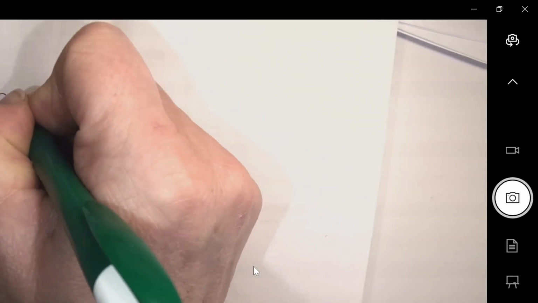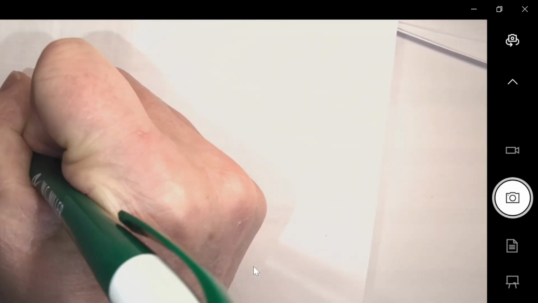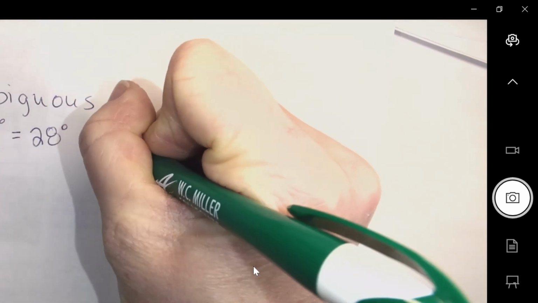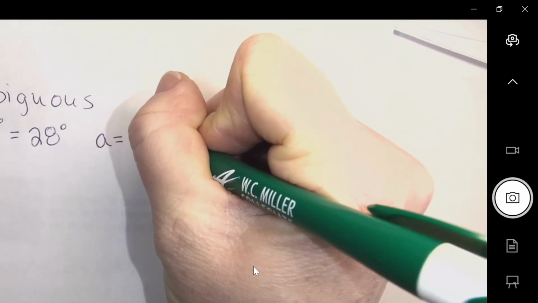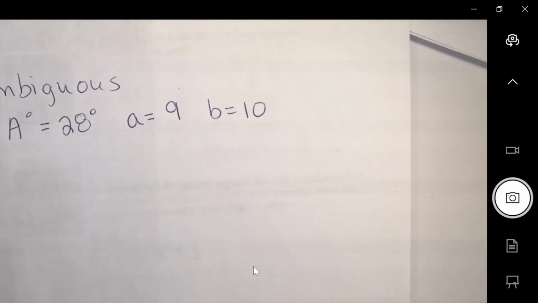On your answer key, on your... Okay, so the ambiguous triangle.